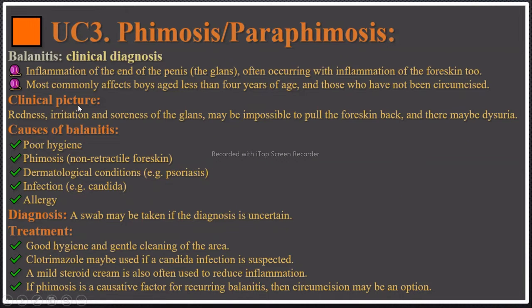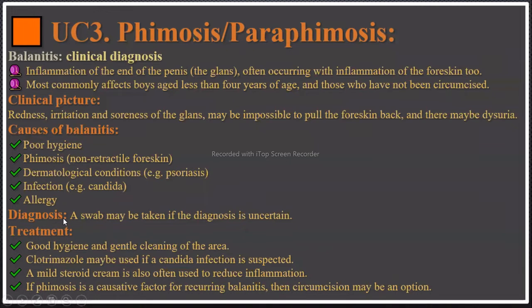Clinical picture, as we said: redness, irritation, soreness of the glans, it may be impossible to pull the foreskin back, and there may be dysuria. So what are the causes? Poor hygiene, phimosis, non-retractile foreskin, dermatological conditions such as psoriasis, infection such as candida, or allergy.